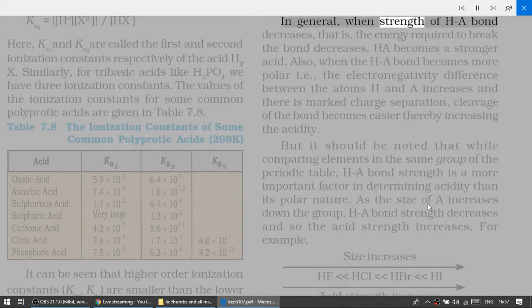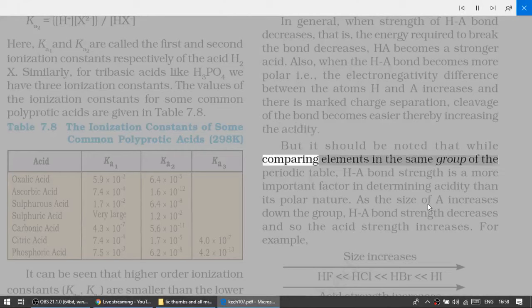In general, when the strength of the H–A bond decreases, that is, the energy required to break the bond decreases, HA becomes a stronger acid. Also, when the H–A bond becomes more polar, i.e., the electronegativity difference between the atoms H and A increases and there is marked charge separation, cleavage of the bond becomes easier, thereby increasing the acidity.